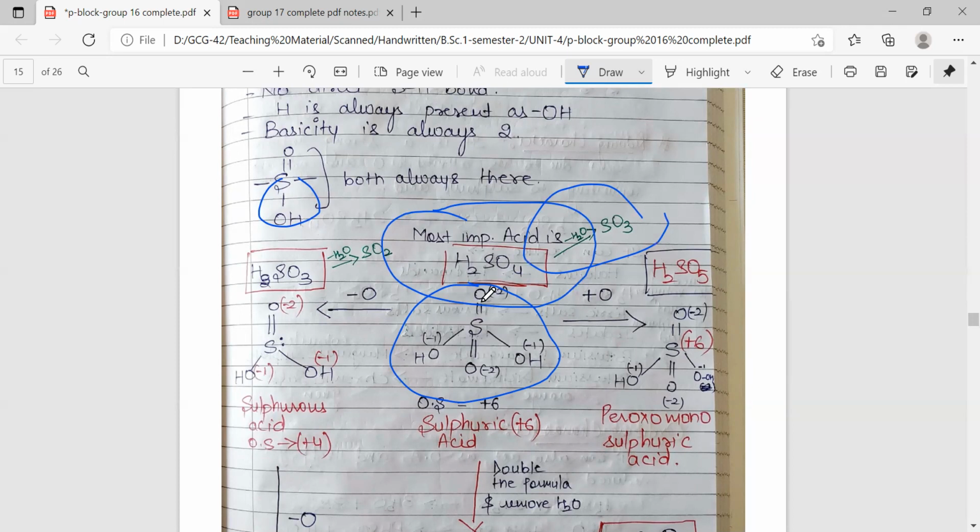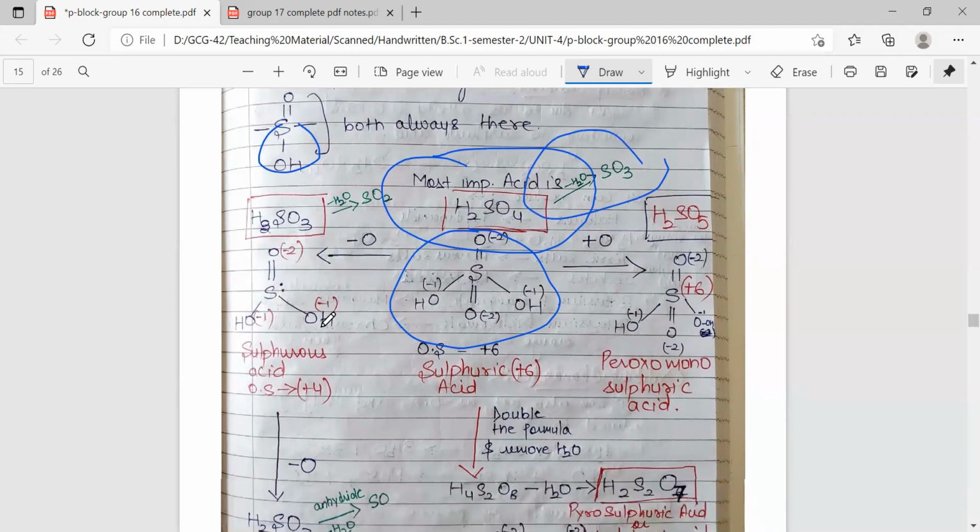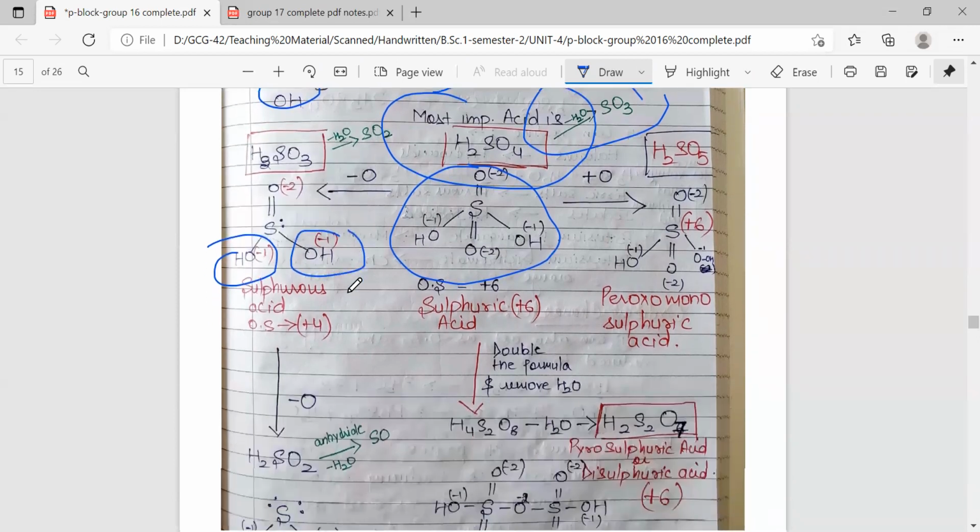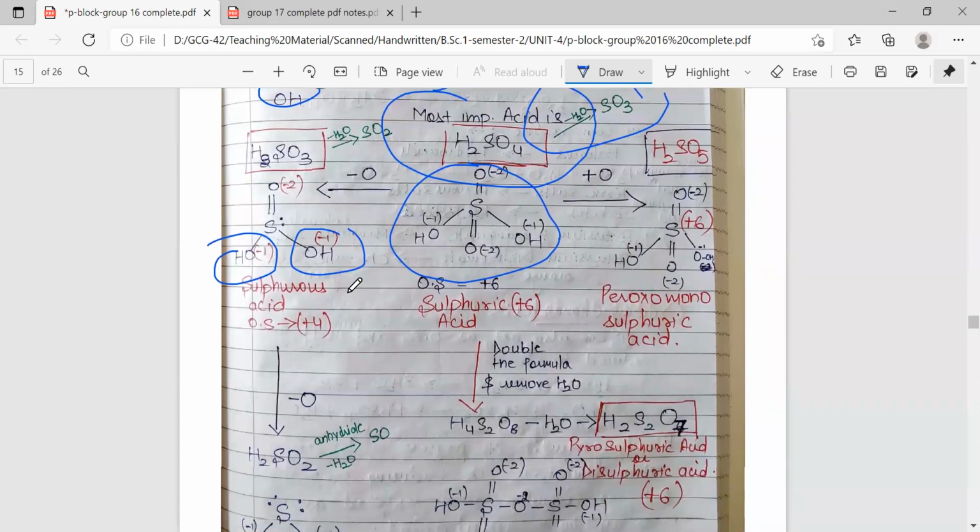Here the oxygen removed is a doubly bonded oxygen, because the number of OH groups is fixed in oxo acids of sulfur, that is, it will always remain 2. So the acid becomes H2SO3. Again, we can calculate the oxidation state and the corresponding anhydride by removing one water molecule. The anhydride is SO2 and sulfur is in the +4 oxidation state.